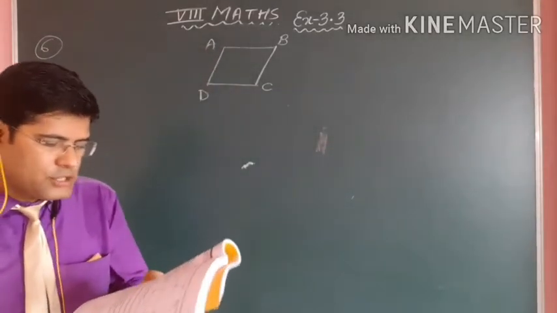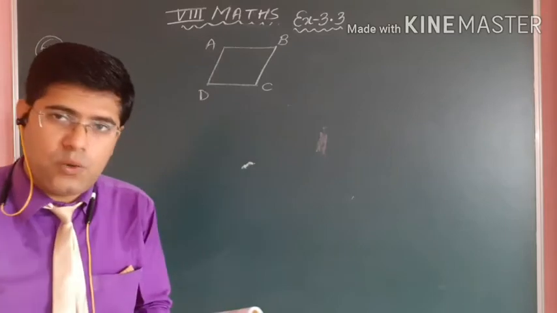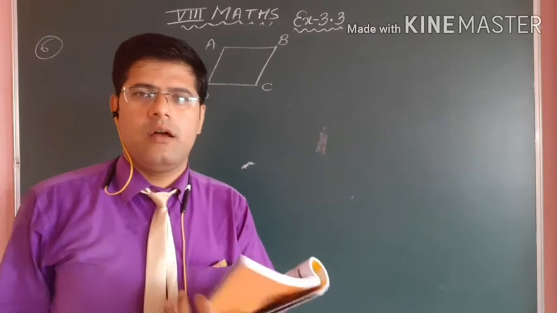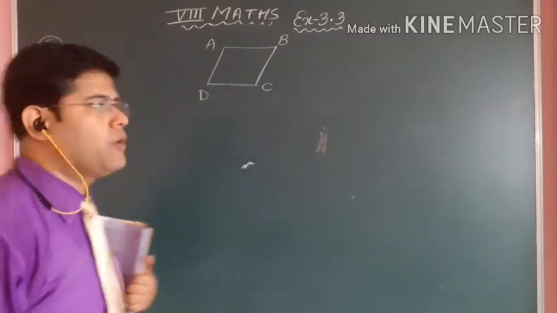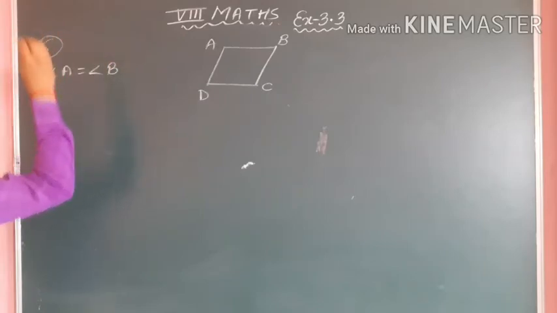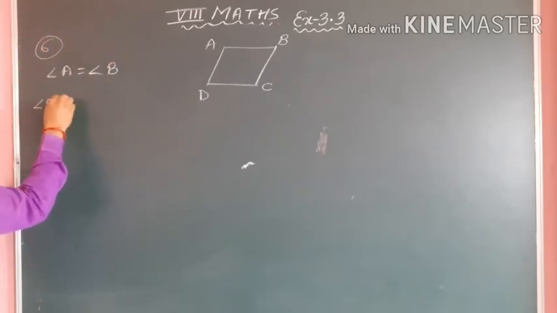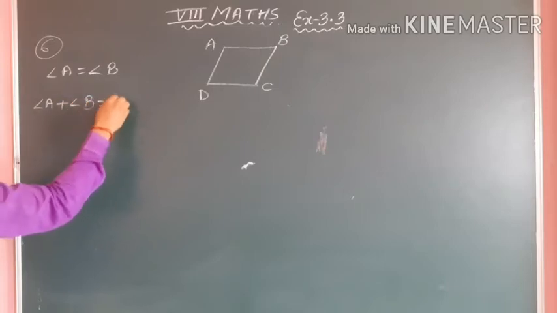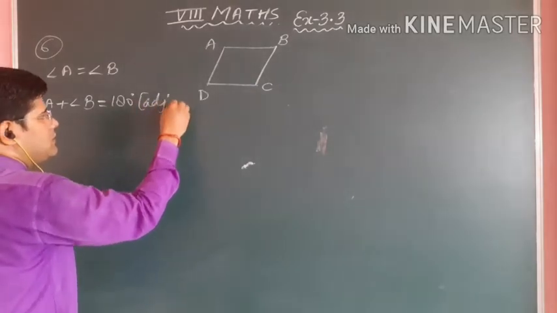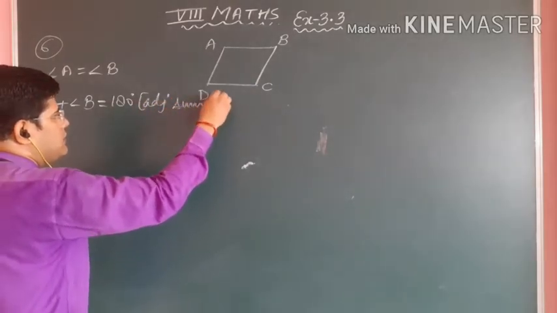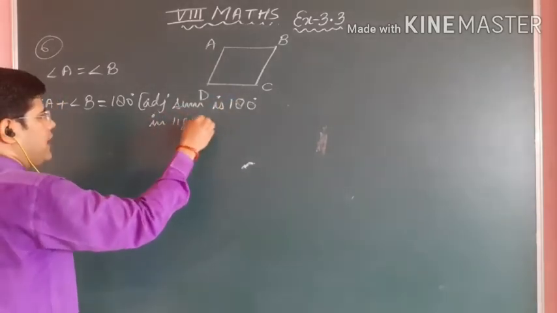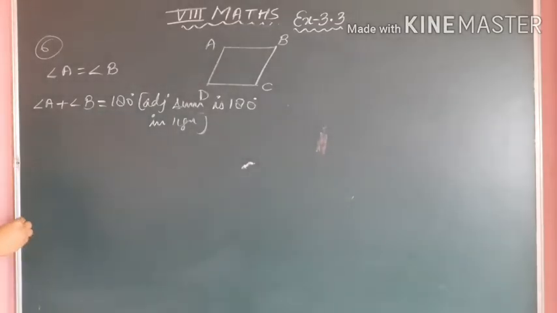Now, in question number 6, two adjacent angles of a parallelogram have equal measure, and we have to find the measure of each angle of the parallelogram. Now here what is given? Adjacent angles are equal. So we can say angle A is equal to angle B. Now angle A plus angle B sum will be 180. How? Because the sum of two adjacent angles in a parallelogram is 180.